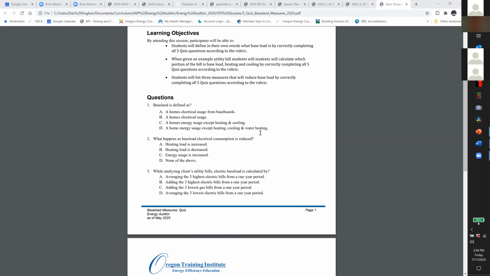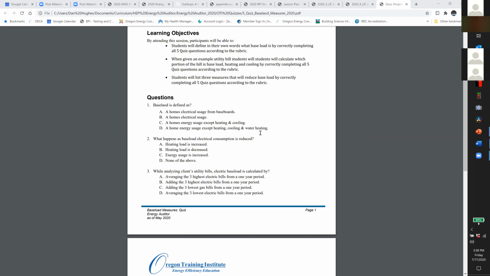Number two, what happens as base load electrical consumption is reduced? Heat load is increased. Answer A. Hey, there you go. Everybody's getting that one. Good work. So three, while analyzing a client's utility bills, electric baseload is calculated by. And Drew got it first with D.